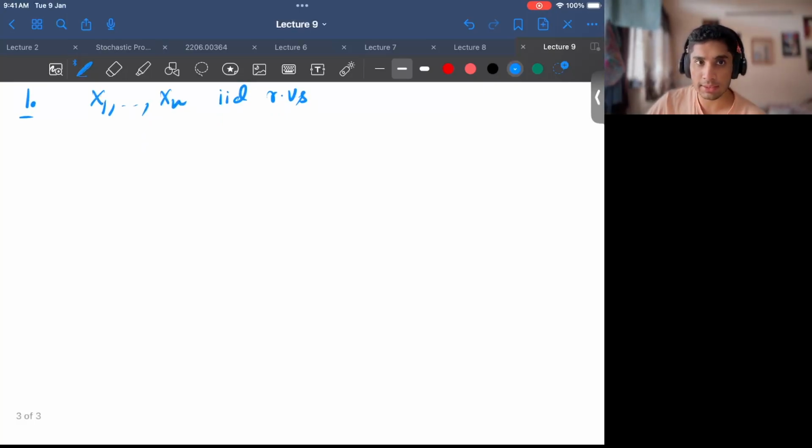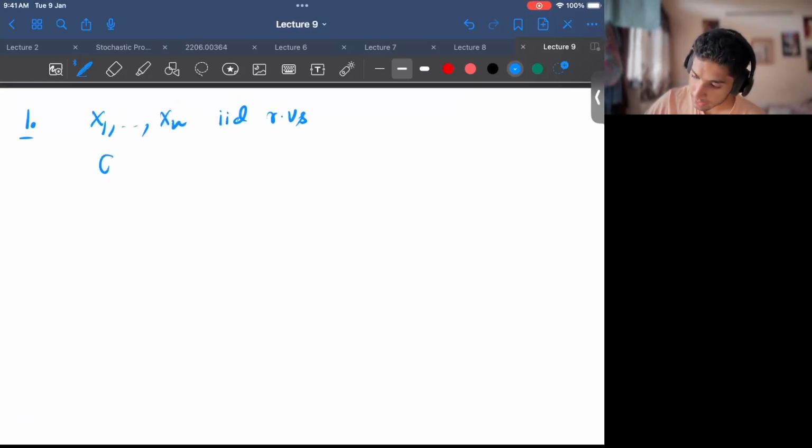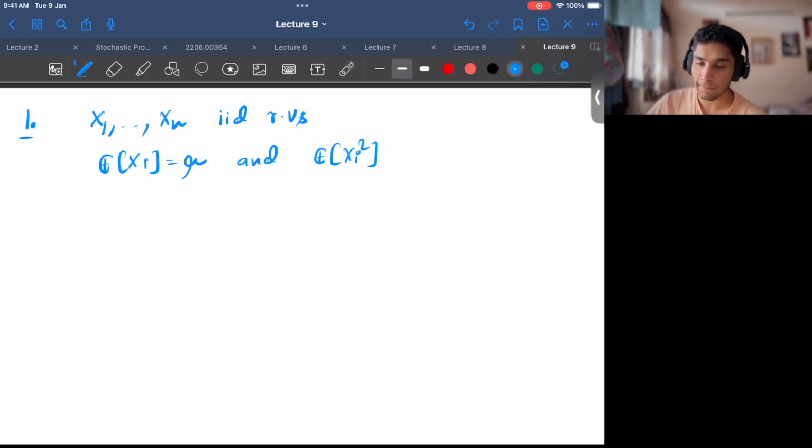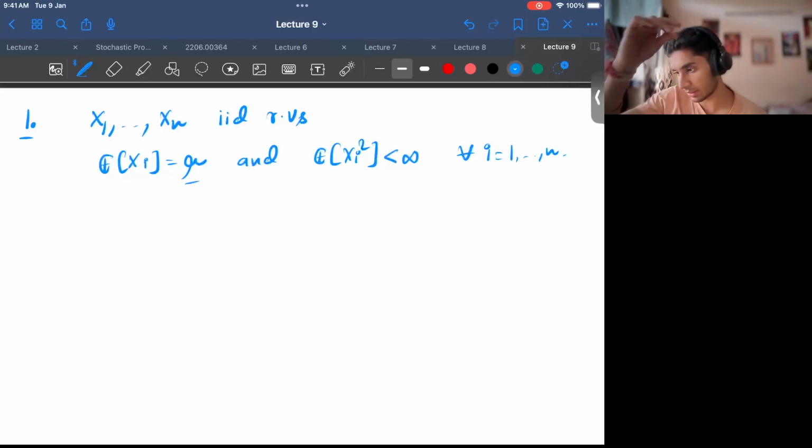It is given that the expected value of xi is equal to mu, and the expected value of xi squared is less than infinity for all i. So it has a first moment mu, and the second moment is finite. That is what we know.